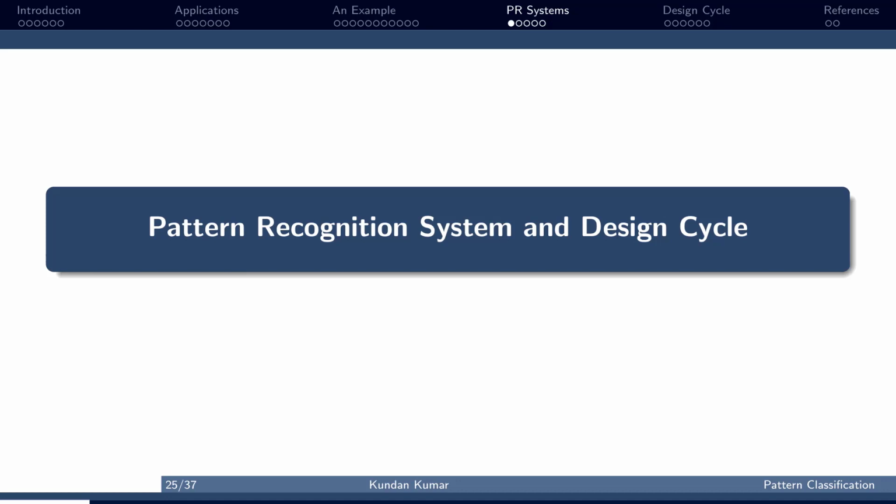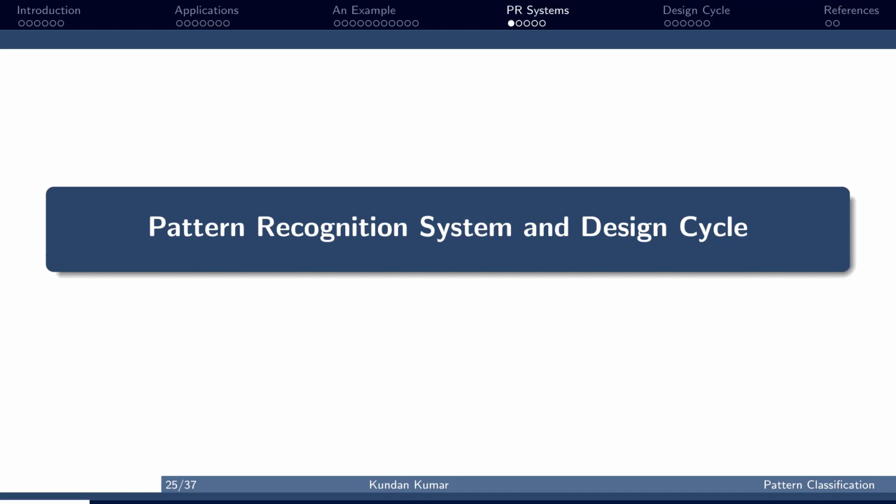I also discussed a few applications of pattern recognition systems, and gave one example of a fish classification problem, where we discussed how we can consider one or more features and how we can generalize our model so that it will work well on unseen data samples.